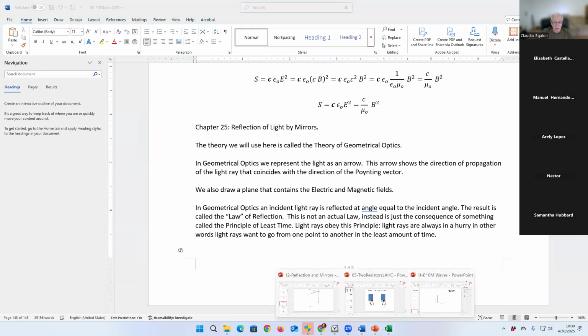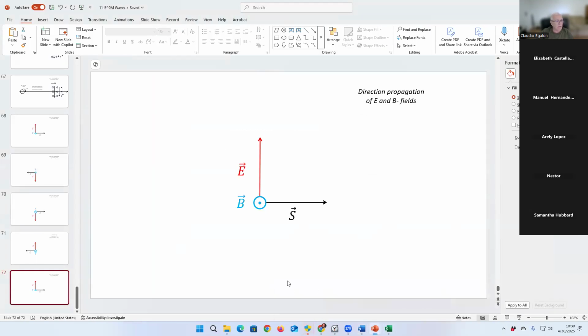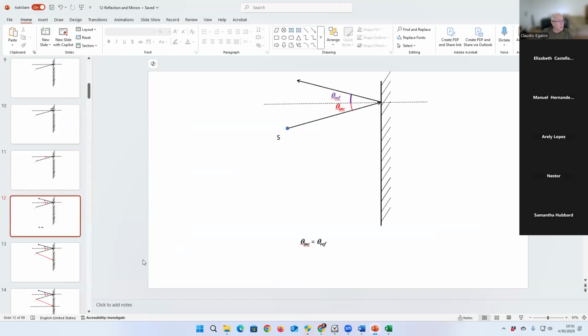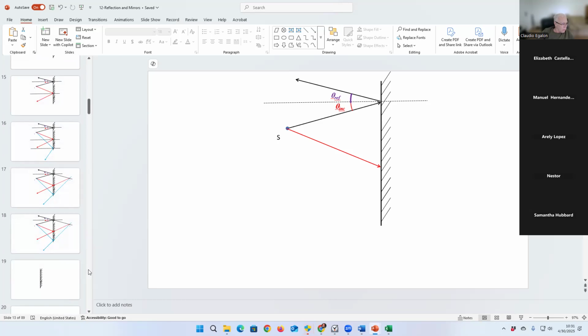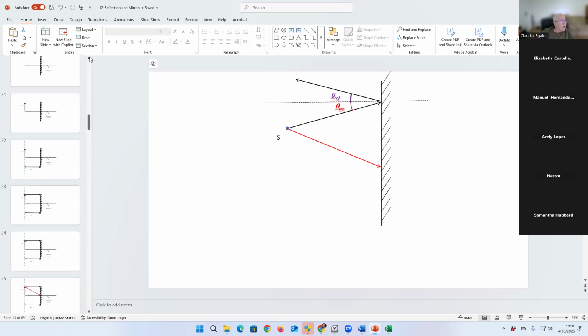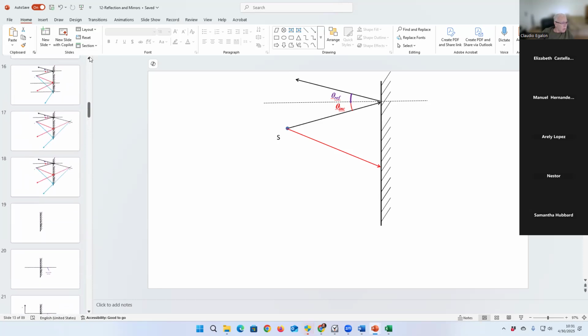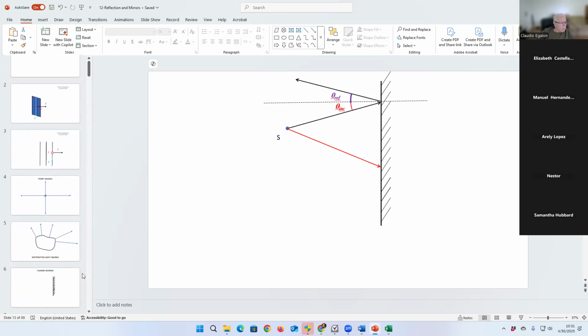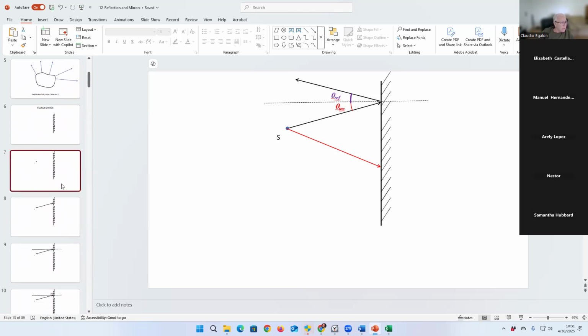I'm going to illustrate the principle right in here. Suppose that we have, let's see if I have an illustration here. It doesn't look like I have an illustration here. Okay, the principle of least time. So I'm going to use this situation here.